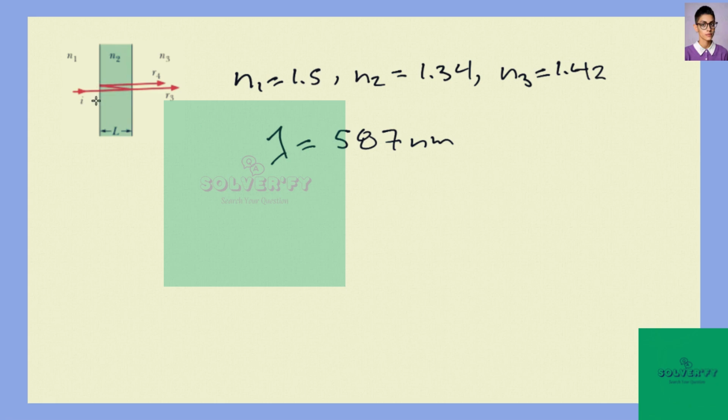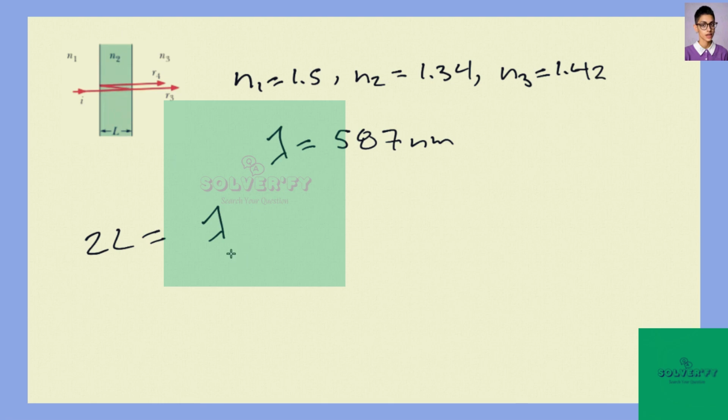So the extra distance traveled by this reflecting ray here, which is labeled R4, is going to be twice this thickness L. So that's 2L, and that's got to be some half multiple of the wavelength. So we can write that as lambda times, well, actually it's not lambda, because this is the vacuum wavelength, and this light here is traveling in some material.